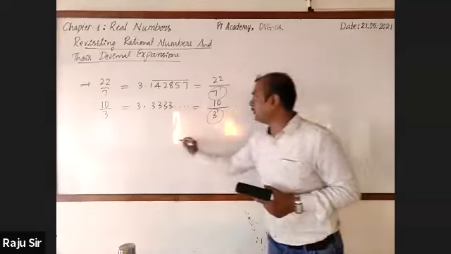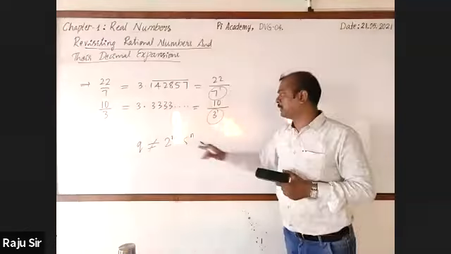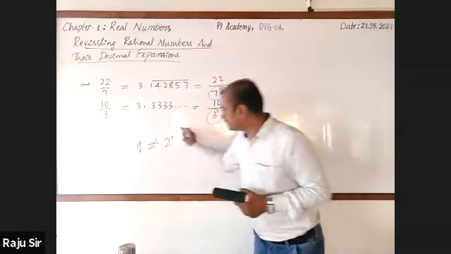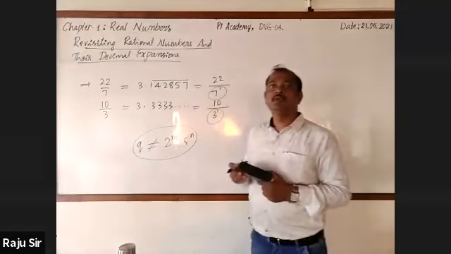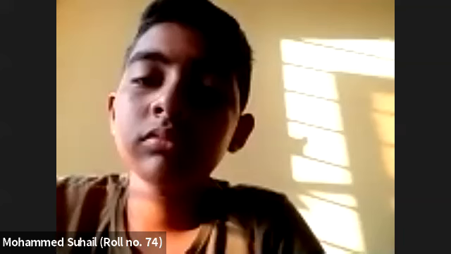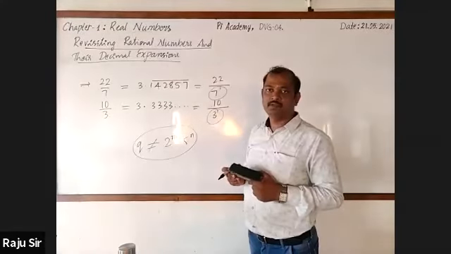Are they in the form of 2 raised to the power m into 5 raised to the power n? No. So q is not in the form 2 raised to the power m into 5 raised to the power n. If this condition holds good, we can say that the decimal expansion of the given number is non-terminating recurring.